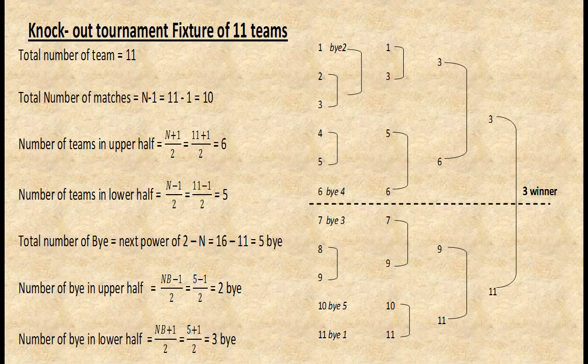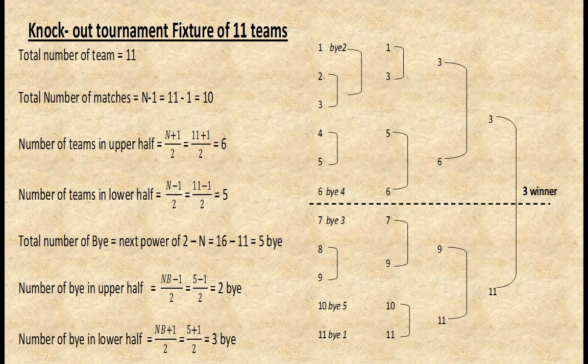Yes. In second round, bye teams will play. Suppose in first round, third team is winner. So first team and third team will play in second round. Like that, all bye teams will play second round.